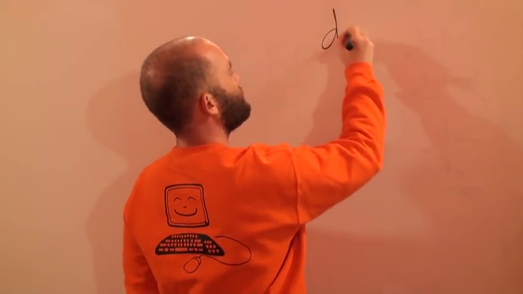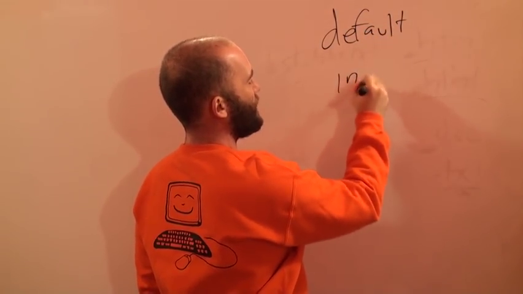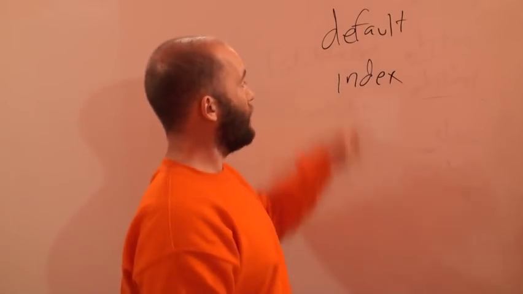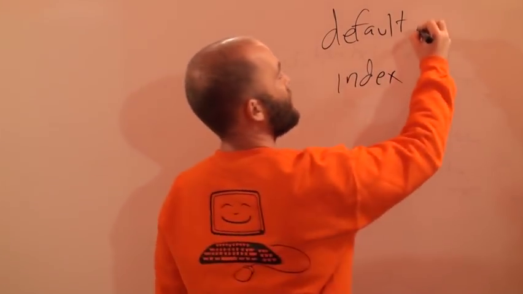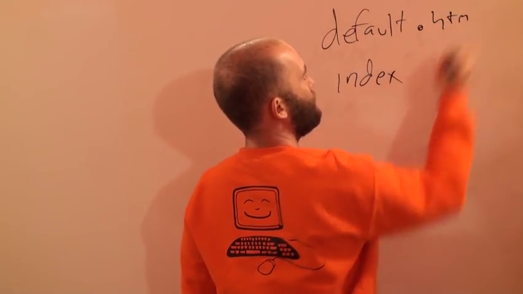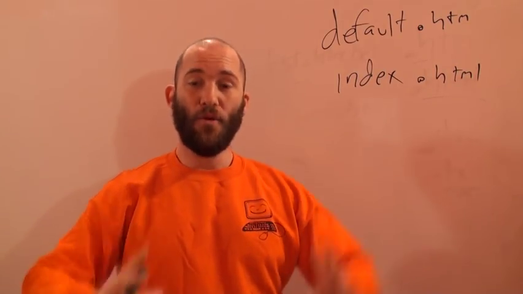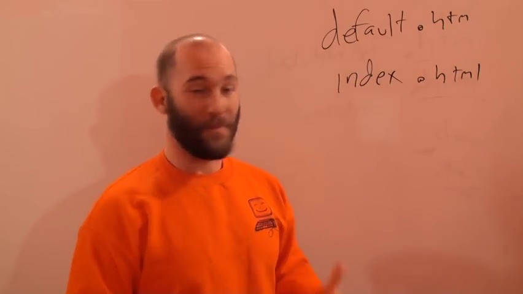So the title for it has to be either default or index. So when you name your home page, it always has to be called either default or index. And then the suffix has to be .htm or .html.